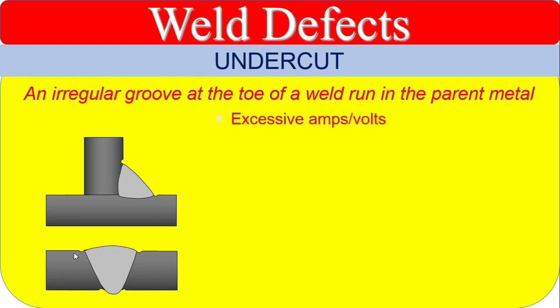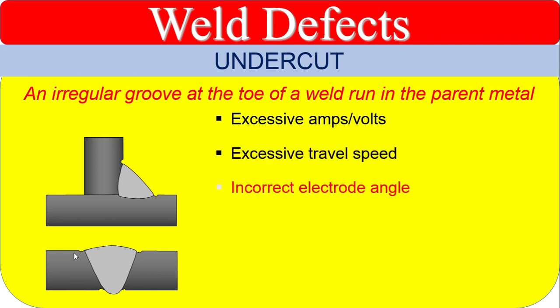What is the reason? The first thing is excessive amperes. I have told you about amperes and voltage. If it is excessive, definitely undercut will be created. Excessive travel speed: if the travel speed is more and not as per the WPS, definitely undercut will be created. Incorrect electrode angle: as per the WPS, 15 to 25 degrees is mentioned.